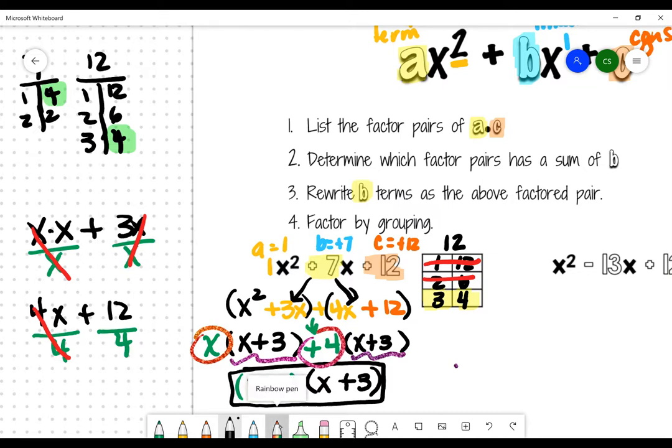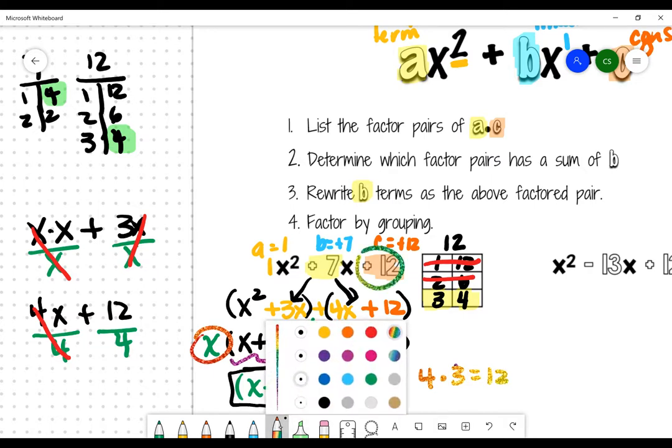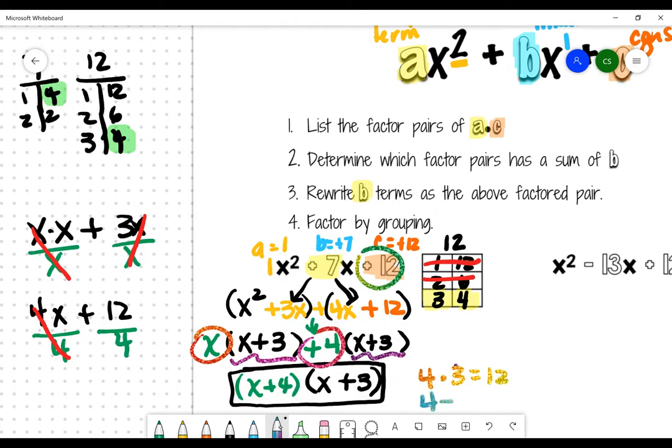If you notice anything about my numbers 4 and 3, 4 and 3 multiply to give me a positive 12. And 4 and 3 add to give me a positive 7.